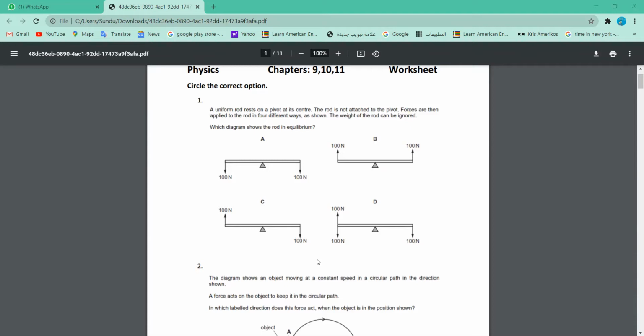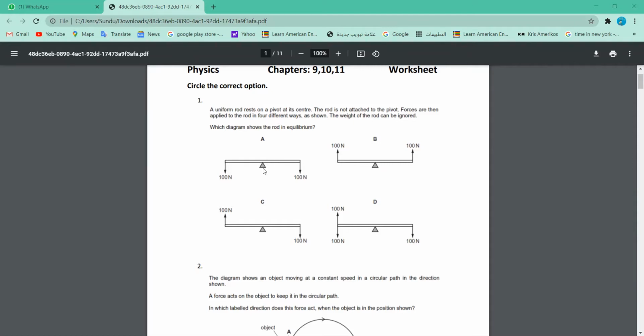I'm giving you a hint. One was that no net moment should act, meaning all clockwise moment is equal to anti-clockwise moment. The other one was that the sum of the upward forces is equal to the sum of the downward forces. Okay.